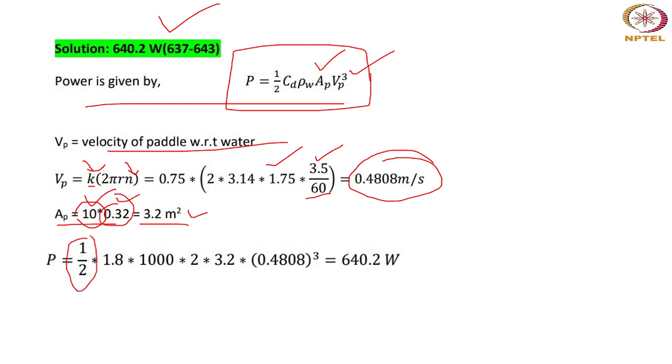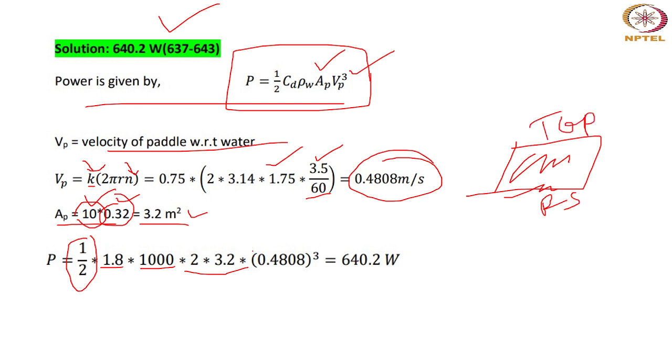So here, half into 1.8 into 1000 into 2 multiplied by 3.2, because a paddle will have two surface areas, the top side and also the back side. Right? So that's why 2 multiplied into 3.2, and this is my Vp cubed. I'm getting 640 watt, right?